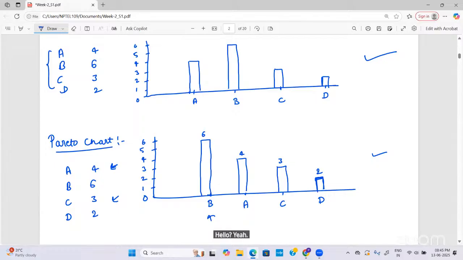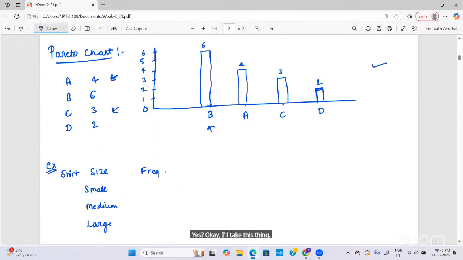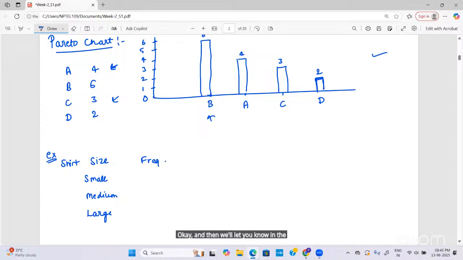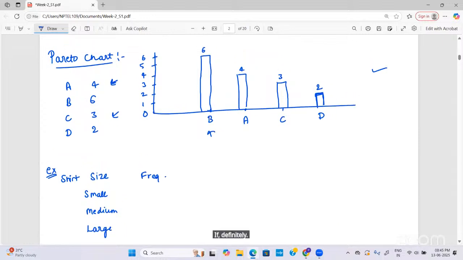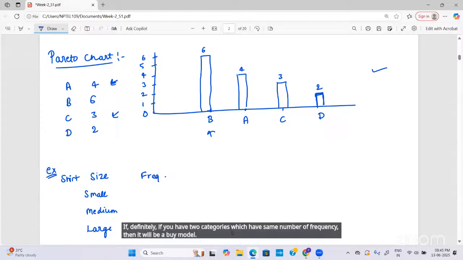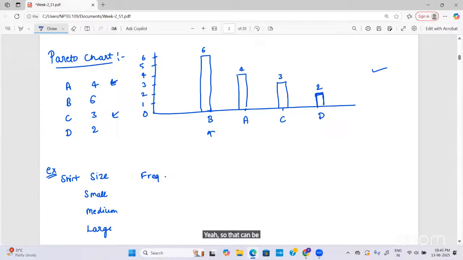The Pareto chart can be either ascending or descending. I'll check this and let you know in the next session. If two bars are equal, then they call it bimodal. Yes, definitely. If you have two categories which have the same frequency, then it will be bimodal. So that can be placed either way in a Pareto chart.